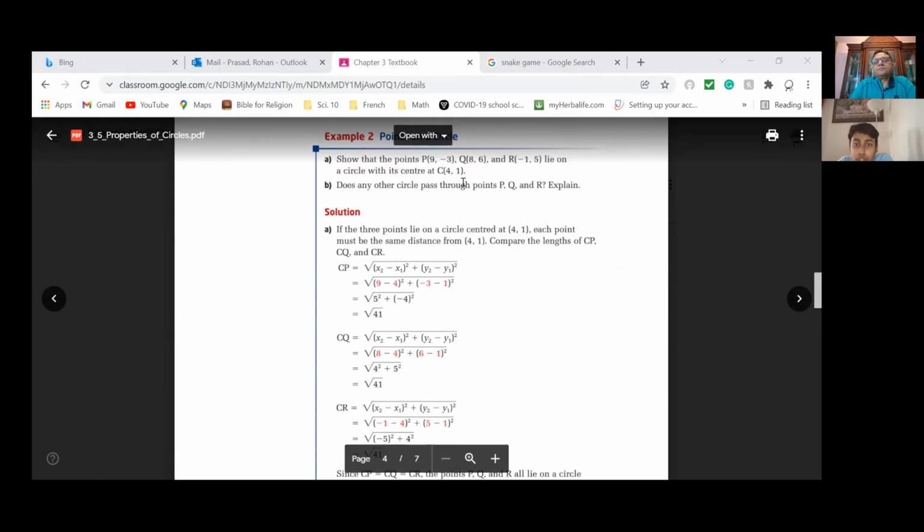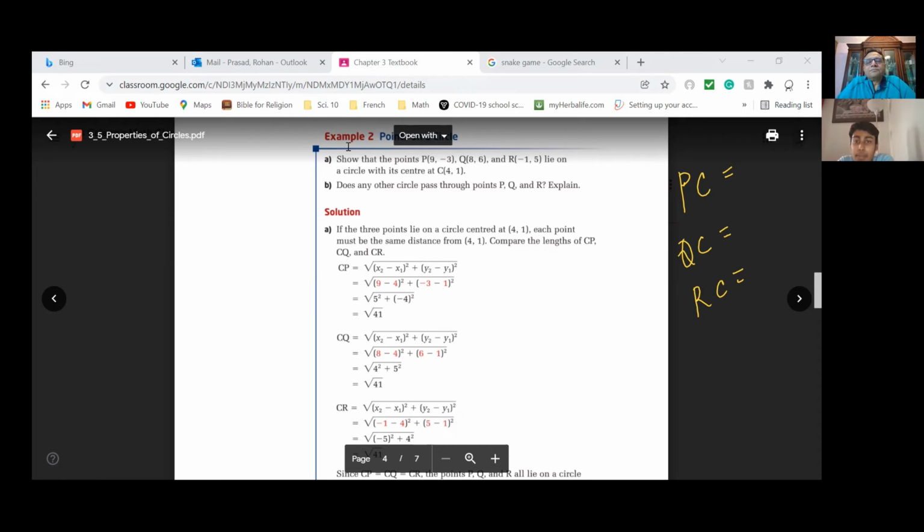So what I'll first do, sir, is actually just put the points on the circle. And because it says to show that C is the center, I would use the length formula to see how far each point is and whether or not they are all the same distance.